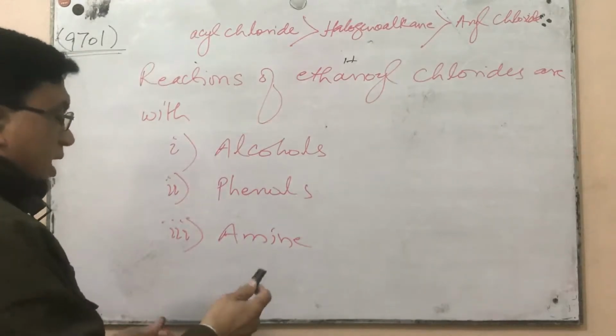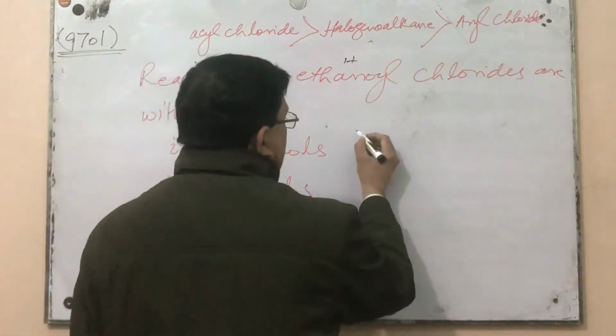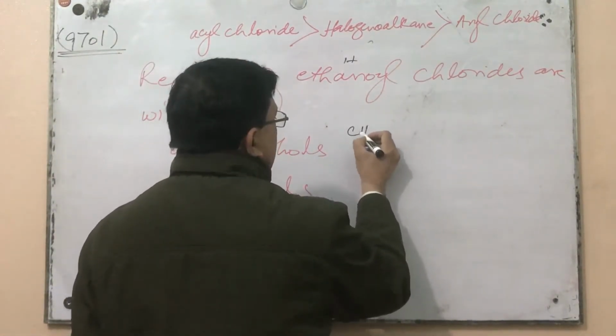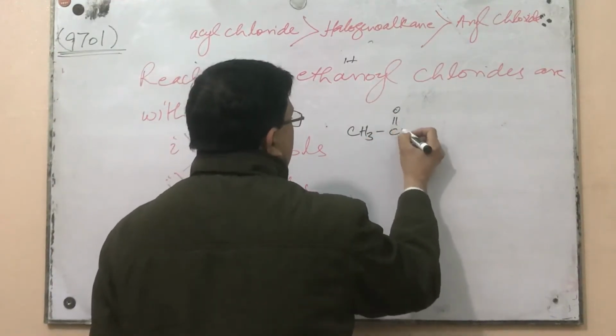Now these reactions can easily be explained. Making an example, this is ethanoyl chloride.